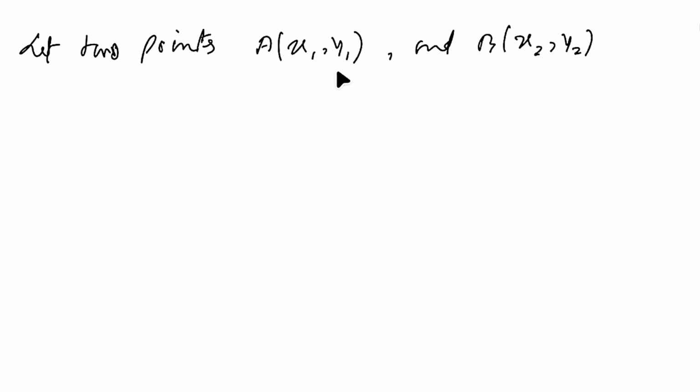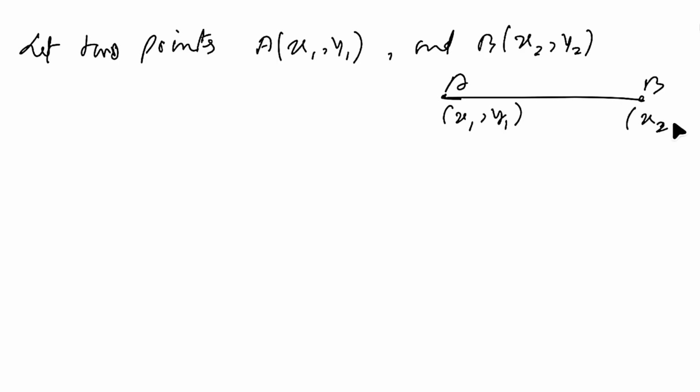These two points make a line segment, the line segment AB. How can you find its length? If you know the coordinates of point A, (x1, y1), and B, (x2, y2), then you can find the length of AB.